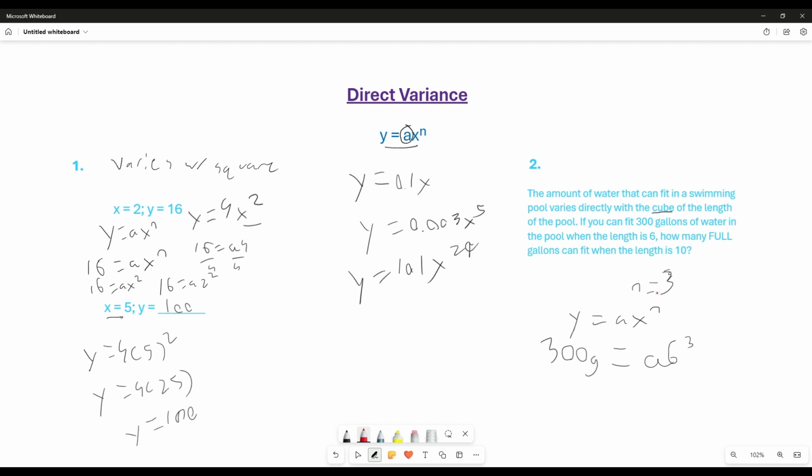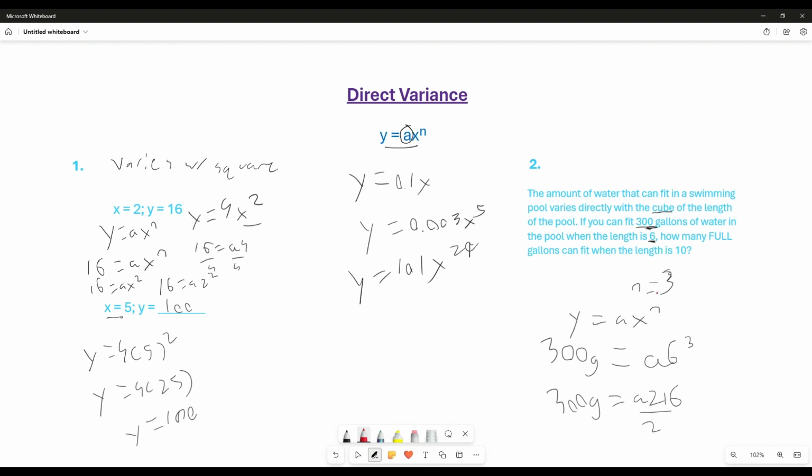You can fit 300 gallons in it, so y, when the length x is 6. So I plugged everything in. So 300 gallons equals a times 6 cubed. 6 cubed gives you 216. So 300 gallons equals a times 216, or 216a.